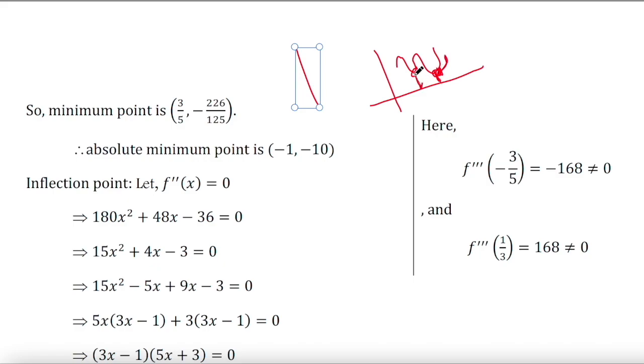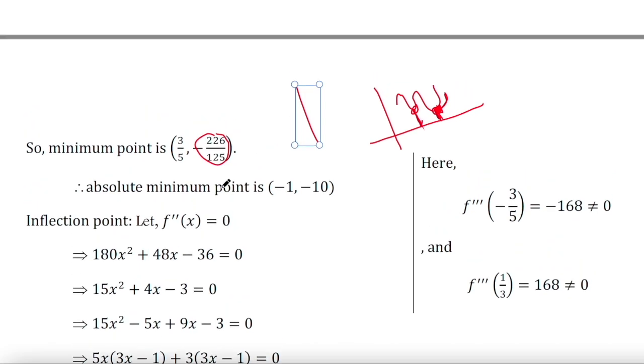So between these 2 minimum points, this one is called the absolute minimum point, because this one is absolutely the minimum. So here, which one has smaller y, either this one or this one? I think -10 is smaller than this one.